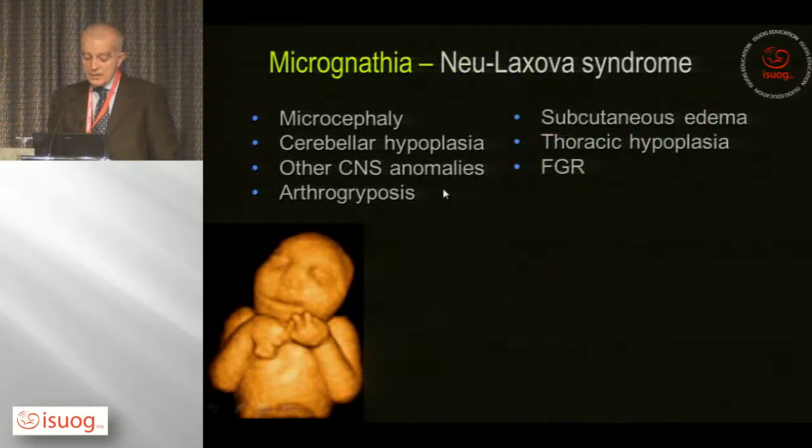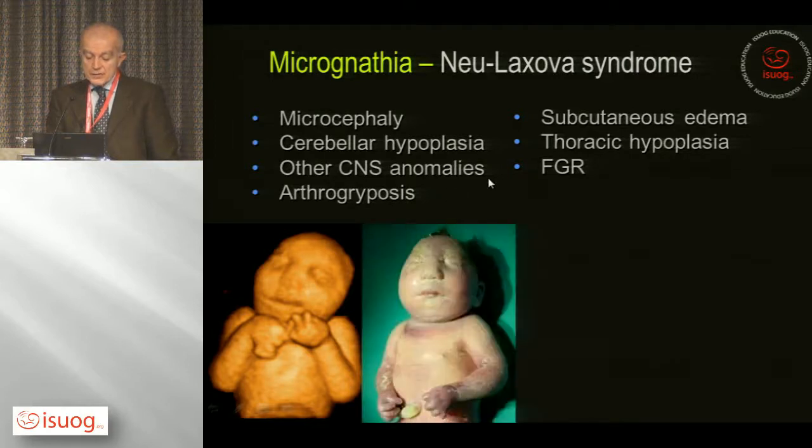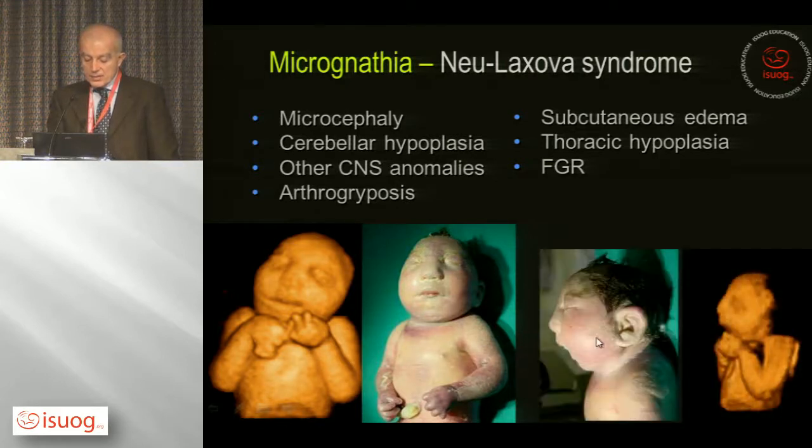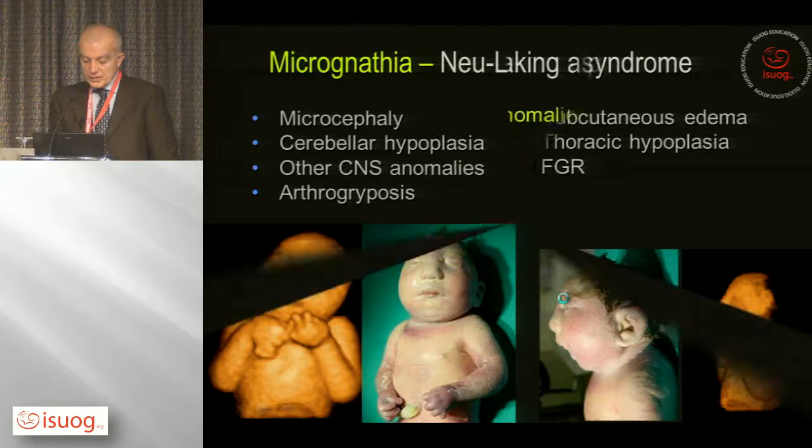And this is the most severe type of this group of abnormalities, which is Neu-Laxova syndrome, with other severe abnormalities, and in addition to them, also a clear-cut micrognathia as well.